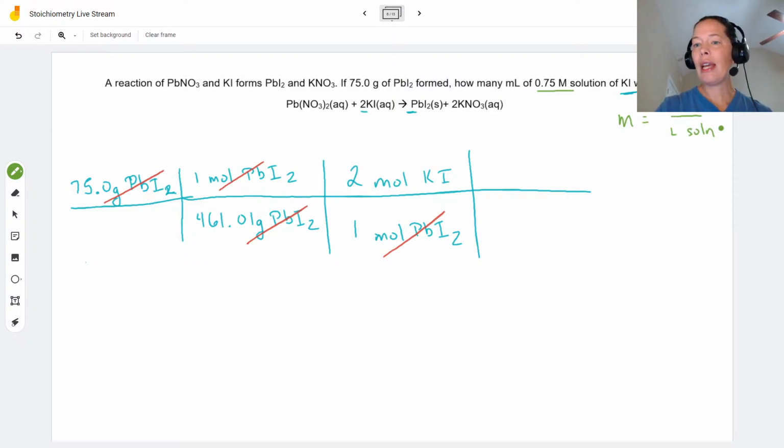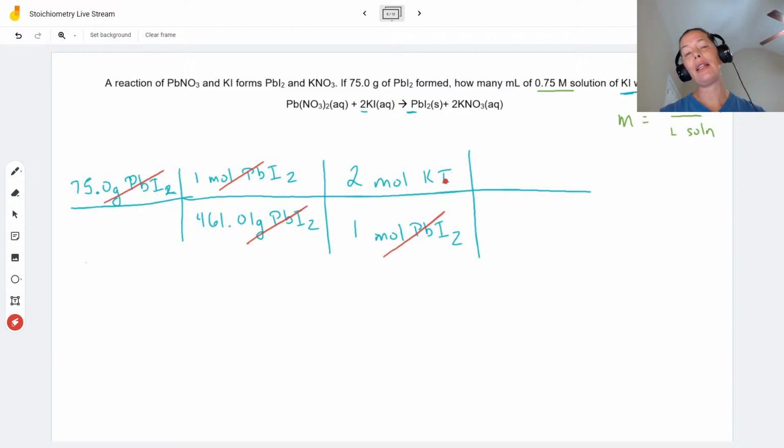Now, in our case, it's going to be moles of KI, or potassium iodide, over liters of solution. So the nice thing is we've already got moles here. We don't need to convert to grams. Now again, if you're working through this problem and you're just kind of on a roll and you go to grams, that's fine.